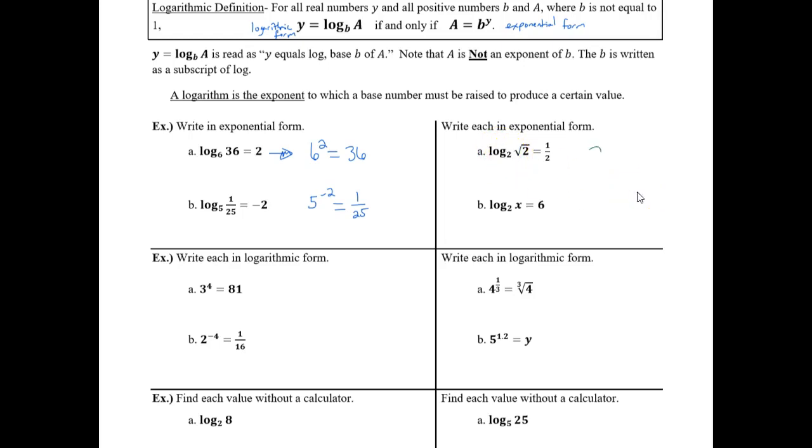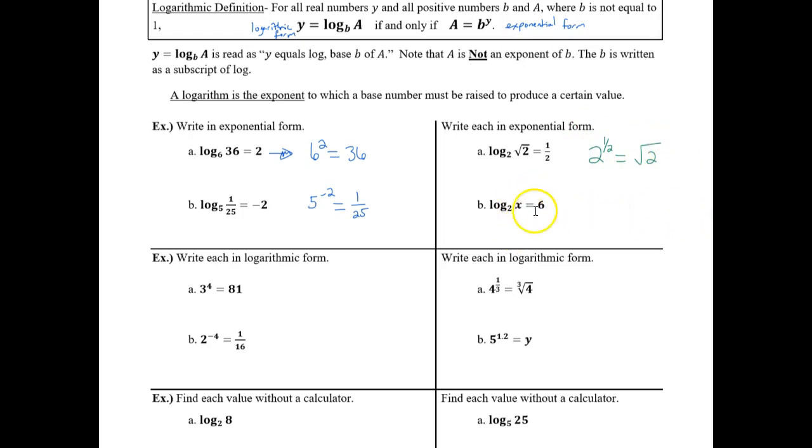So in my exponential form, the base will be 2. Logs equal exponents, so this whole log equals the exponent. The exponent is 1/2. And that will equal the only number we haven't used, which is the square root of 2. Again, this is a true statement. If I have a rational exponent, the denominator is the root. So this is the square root of 2 equals the square root of 2.